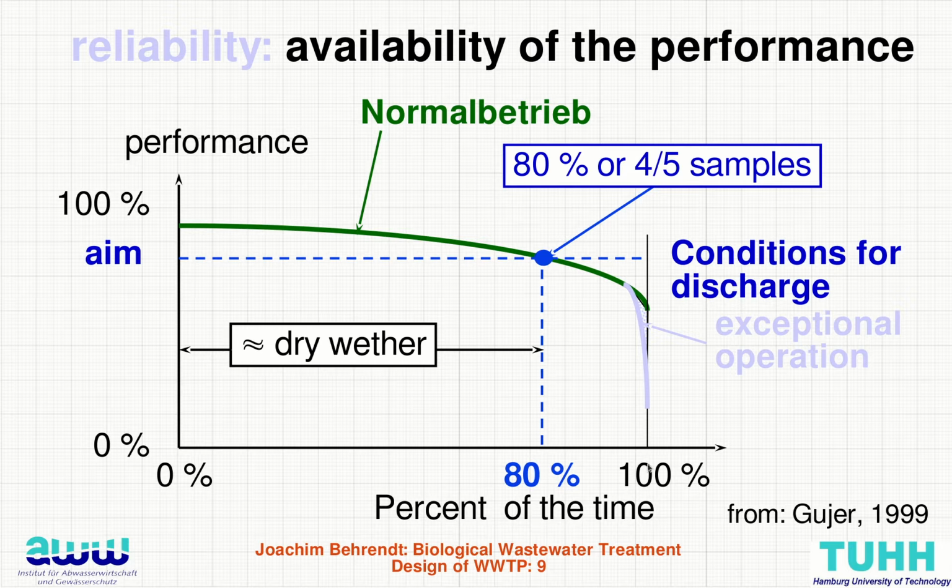And finally you can imagine in 80% of the time we have to fulfill everything. This is a normal operation, and then sometimes we have exceptional conditions, and there also control is required.